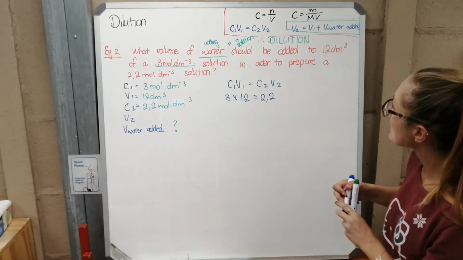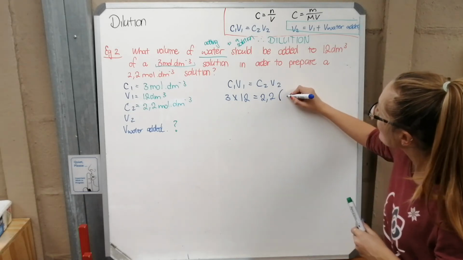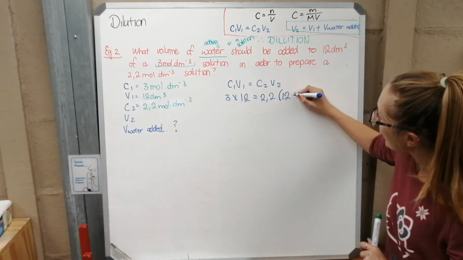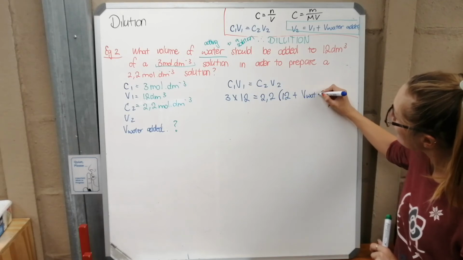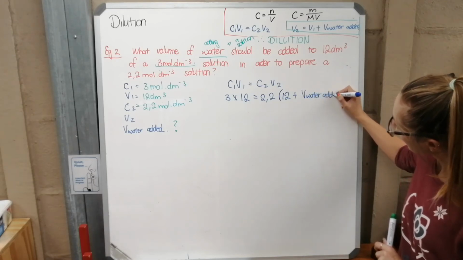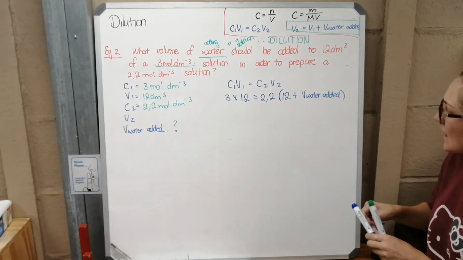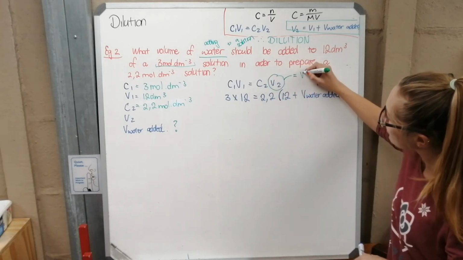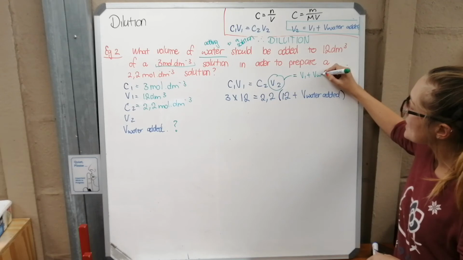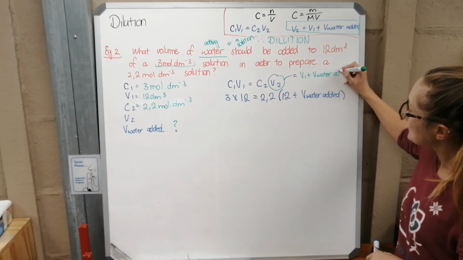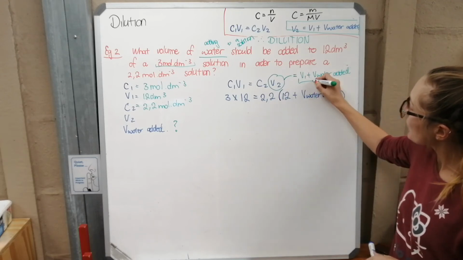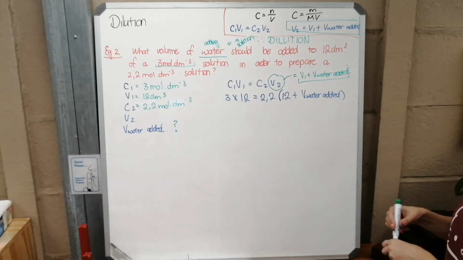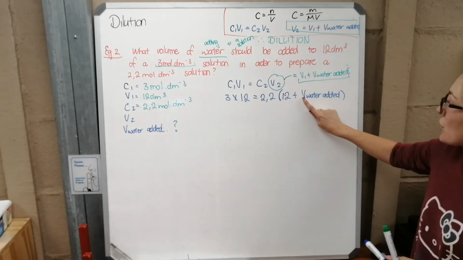So we can expand that to be V1, which was 12, plus the volume of water added. I hope you see what I've done there. I've taken V2, which I didn't know, and said that is equal to V1 plus V water added, and I've substituted this whole expression in the place of V2. And now we can go ahead and solve for the volume of water added.